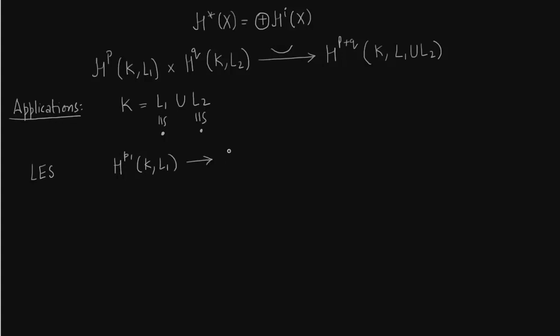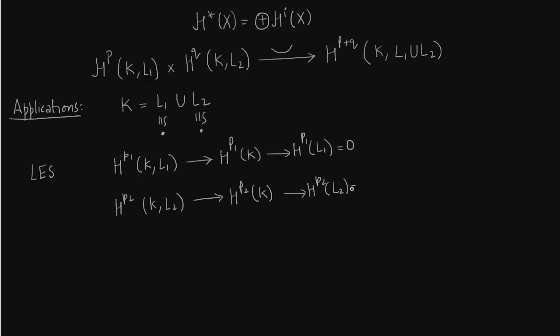So first we build a long exact sequence. Take some index P1 and start drawing the long exact sequence. Now this is 0 because L1 is a contractible space. Similarly you do K, L2. So again this is 0.